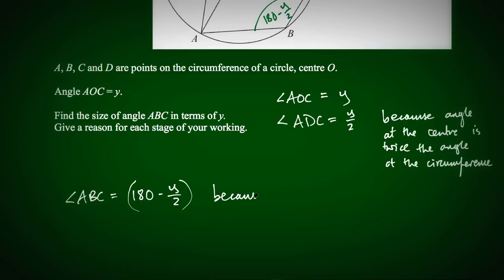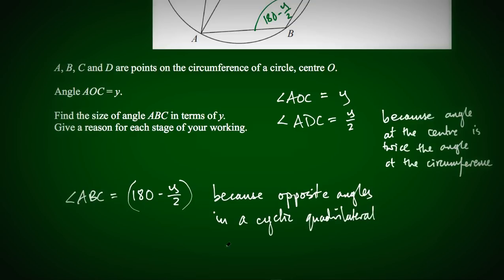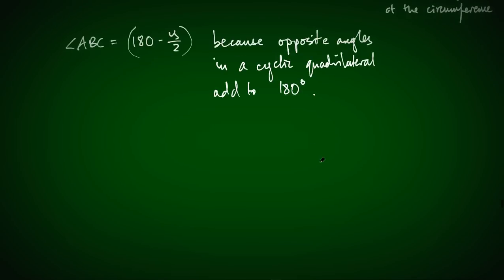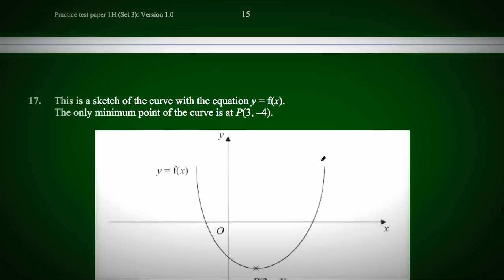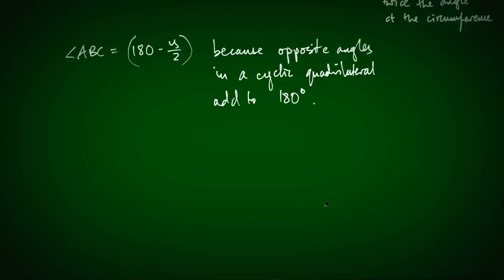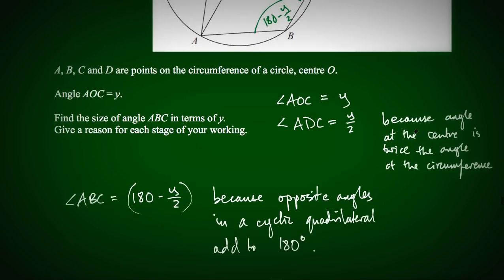My justification is because opposite angles in a cyclic quadrilateral add to 180 degrees. The 4 marks there will go for the 2 calculations and the 2 explanations of the use of the circle theorems.